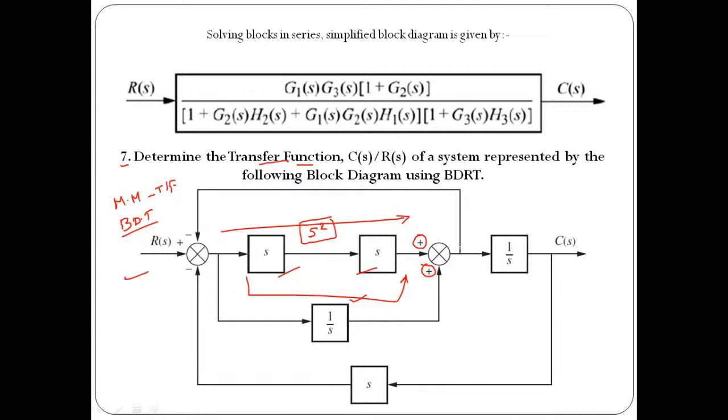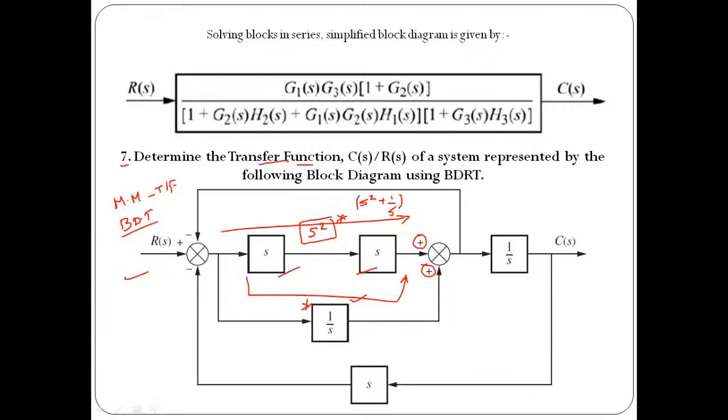So what we need to do is replace this particular block gain and this particular block gain with the two blocks connected in parallel configuration. So it will be s square plus 1 by s. So this entire structure we need to replace by a block of gain equal to s square plus 1 by s.